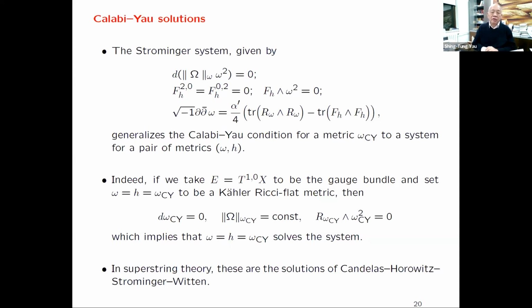Therefore, we can solve the Strominger system if we assume the holomorphic bundle is the tangent bundle, with no effort.